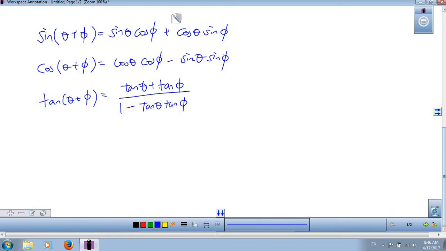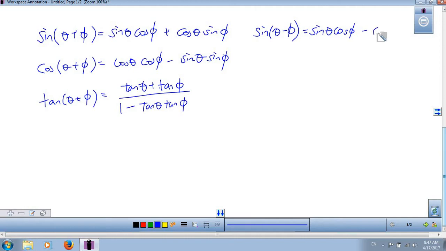Now, what about the subtraction? We have the sum, right? What about the difference? The difference is actually very much the same, because all we have to do is change the sign. So for sine, the sign will be changed in the middle.